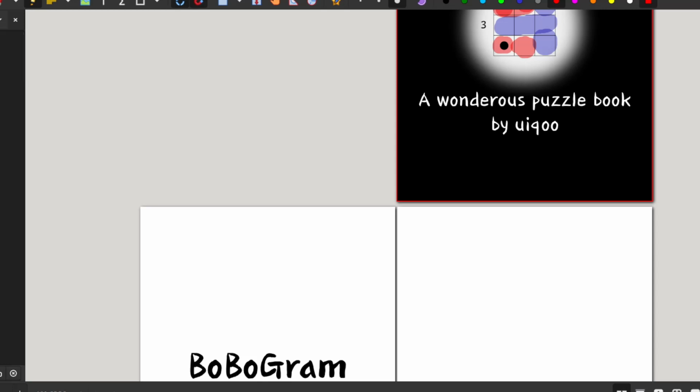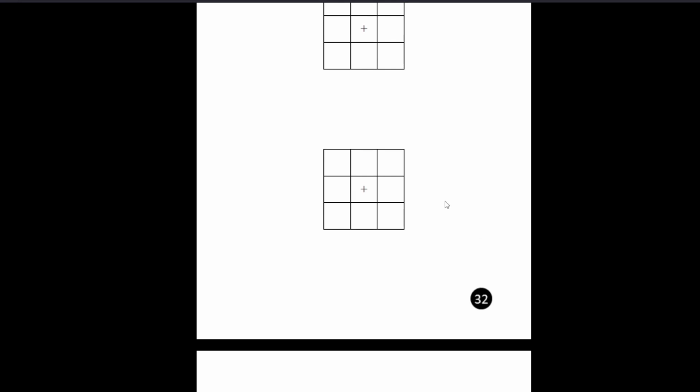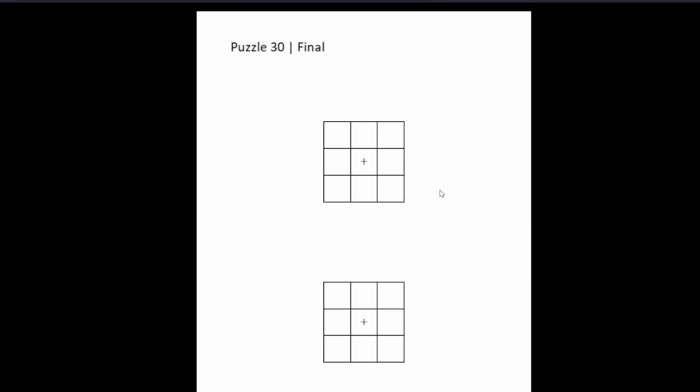Okay, back to Firefox. Or, well, yes, Firefox, but not Firefox PDF editor. Back to the website. Okay, so I've done that bonus puzzle. This is the only thing.